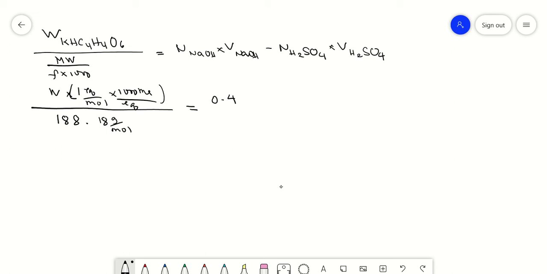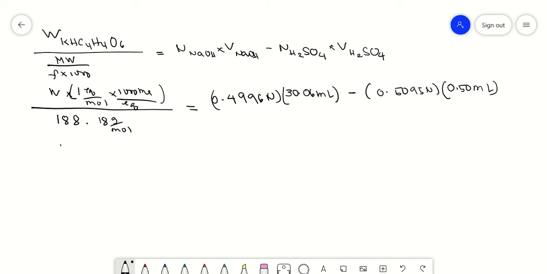0.4496, which we solved a while back, normal, times the volume of NaOH used for titration, 30.06 ml, minus the normality of sulfuric acid, 0.5095 normal, times the volume of sulfuric acid used for back titration, 0.50 ml.